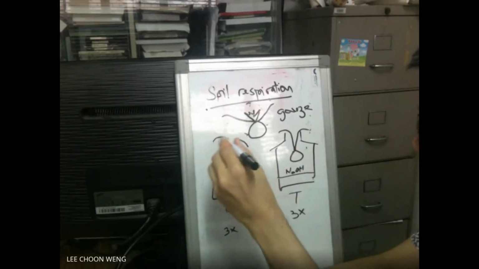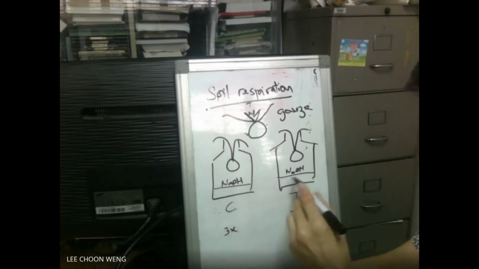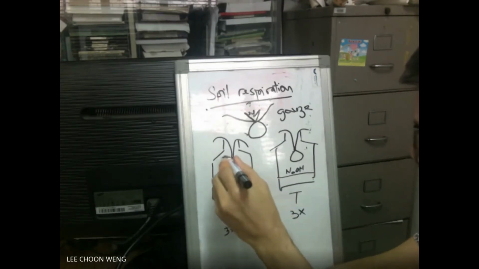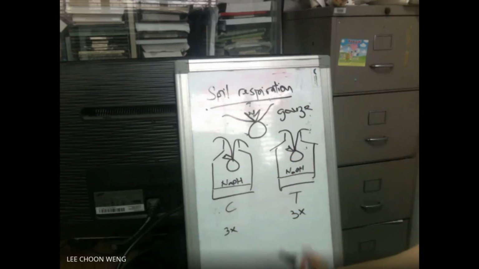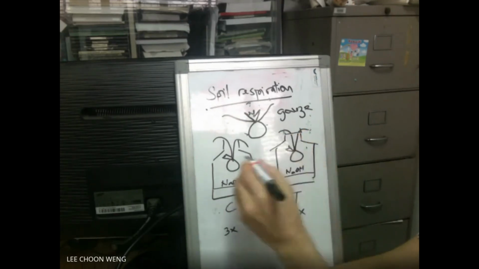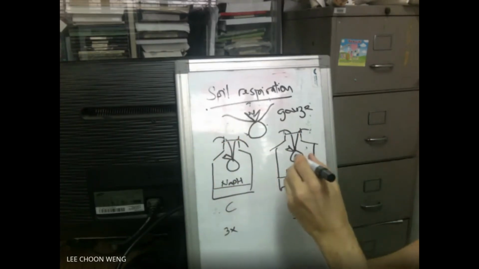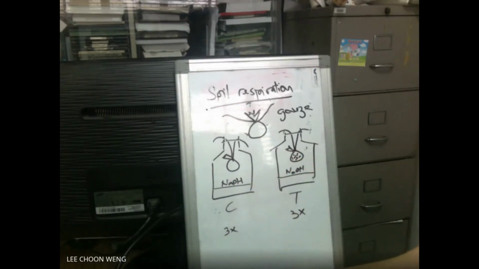When you place it in, make sure that it doesn't touch the reagent. Then you cap it up. So this one has soil and this one doesn't.